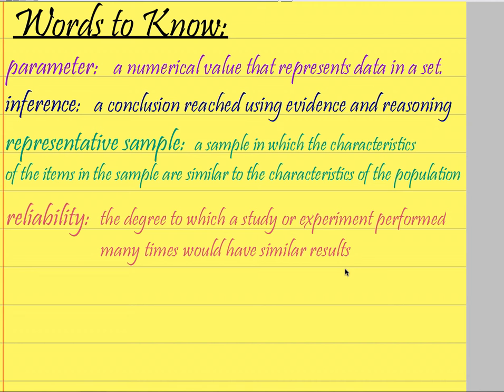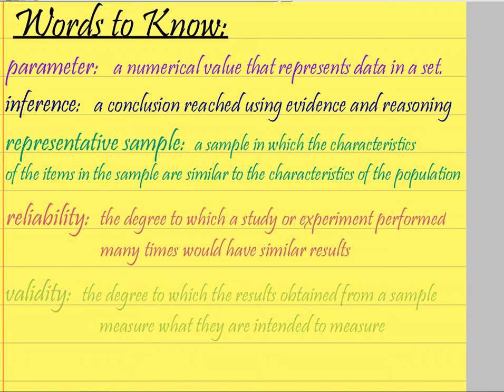Or would they be vastly different? Well, if the results are similar every single time you do the experiment, it's called a reliable experiment. If they totally come out super different every time, then your experiment is not reliable. So reliability has to do with outcomes. You have to have similar outcomes.